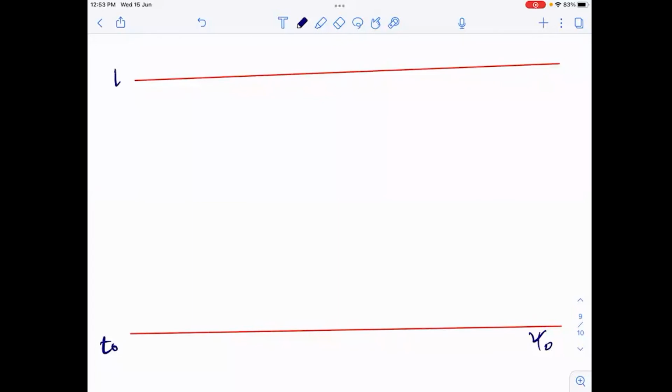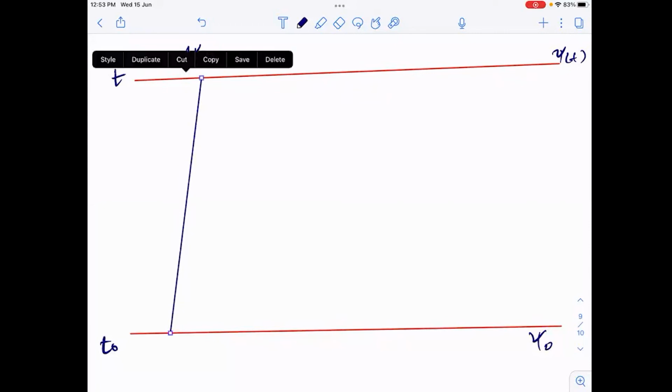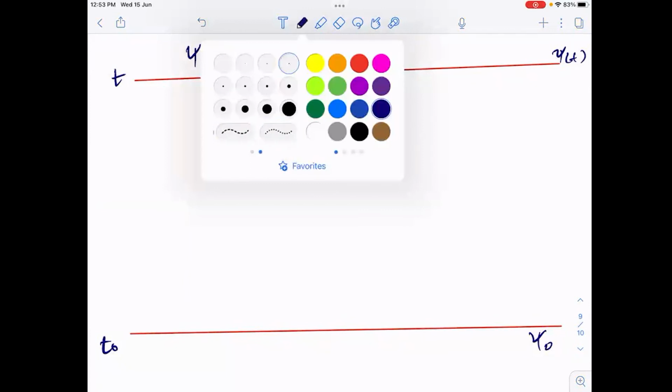And at t equal to t, this is psi t. Right? So what happens first? When there is time t equal to t0, what is associated with psi? So here, if it's a psi 0, it is due to, let me change the line color.